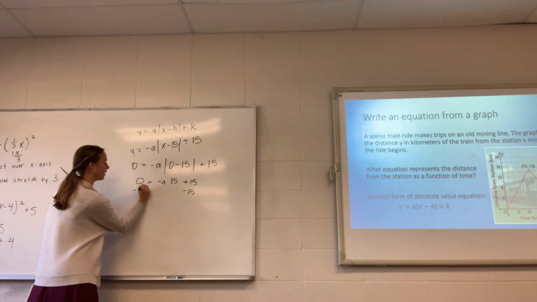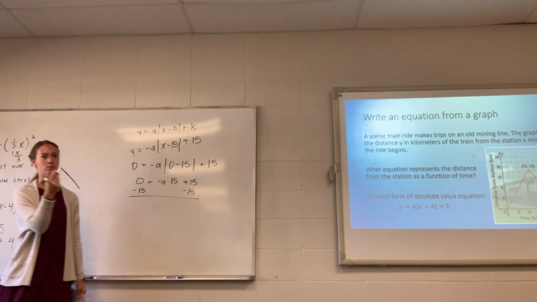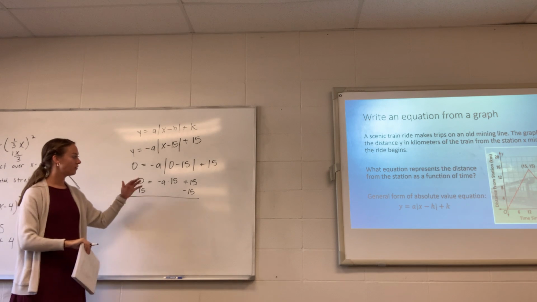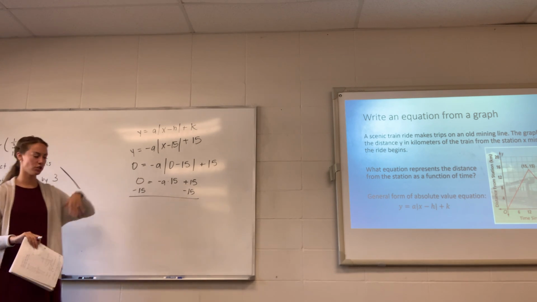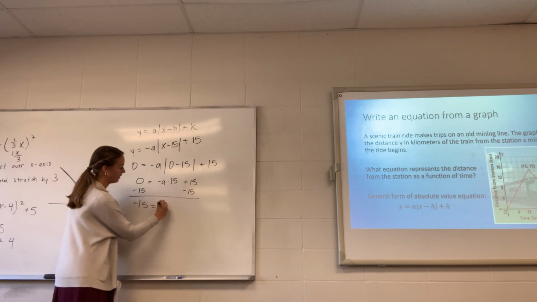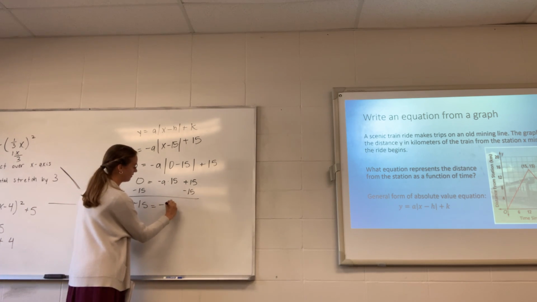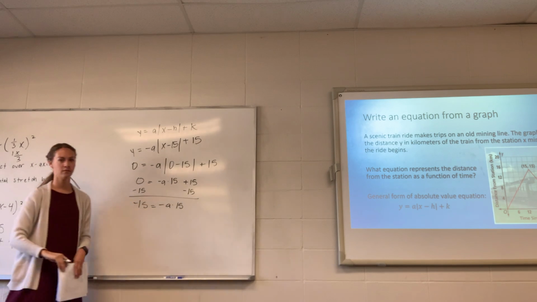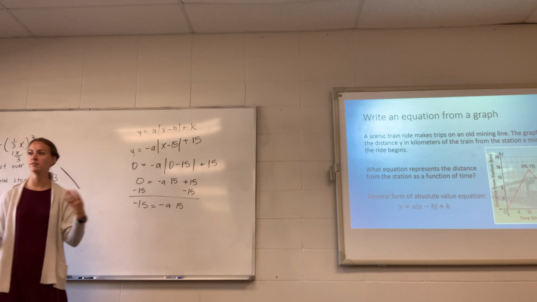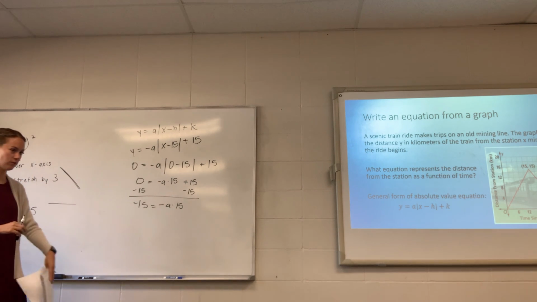Anything that's added or subtracted, we always want to move that to the other side. And then from there, we can deal with the multiplication or division. So I'd have negative 15 is equal to negative A times 15. Now this 15 right here, how can I get rid of it? If I'm multiplied by 15, what's the opposite?